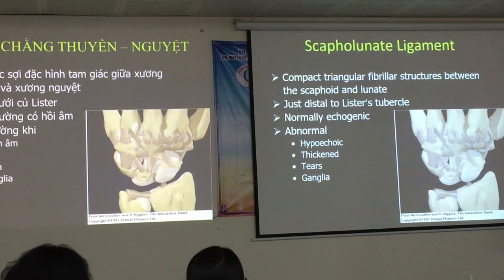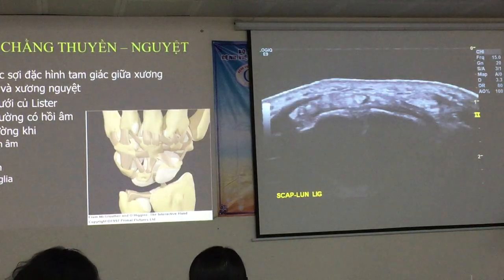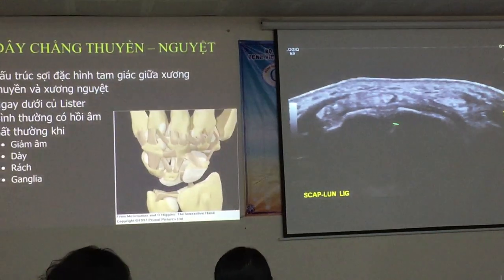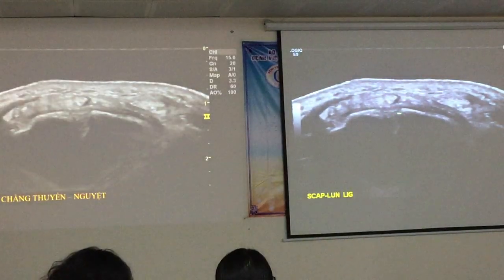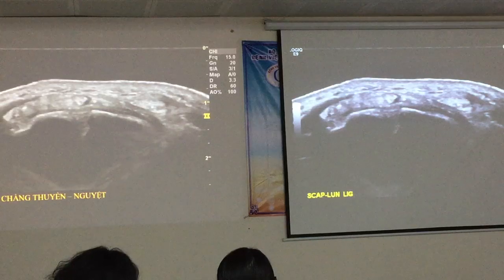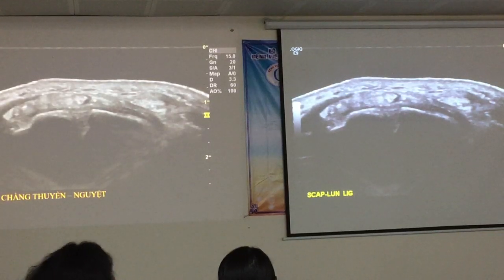And it's common for us to see hypoechoic thickening or tears or ganglia coming out from that joint. So you can see here this little structure just here. This is the ligament just going between the lunate and the scaphoid.